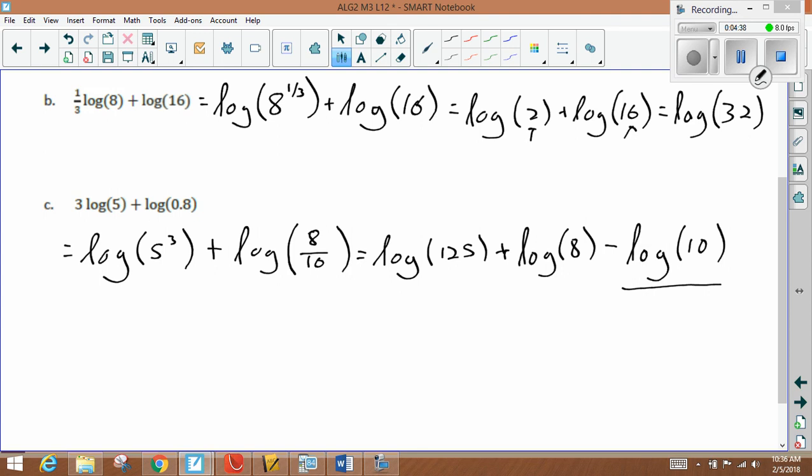Log base 10. It's 1. Yes. Good job. And there we go. That's our final answer to that.